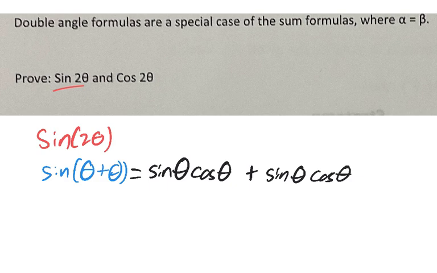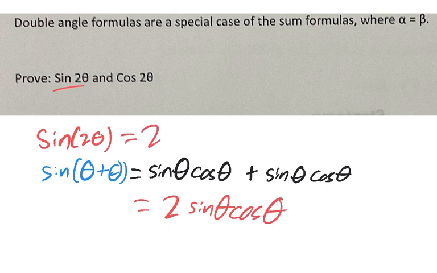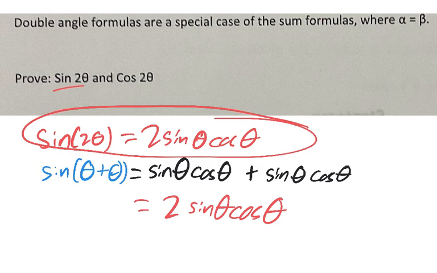So now I've got sine cosine plus sine cosine. Well, that's just 2 sine cosines. So the formula is here: 2 sine beta.